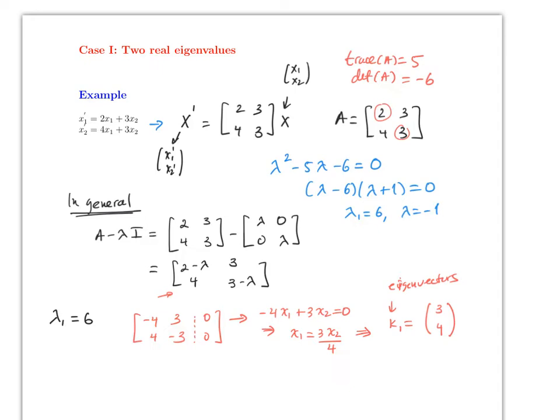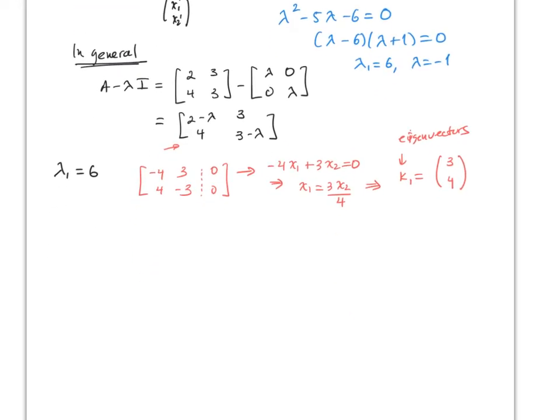All right, let's do the same thing for the second eigenvector, which in this case lambda 2 was equal to -1. If we plug it into this equation again and solve it equal to 0, we'll end up with 3, 3, 4, 4. It will be 0, 0.